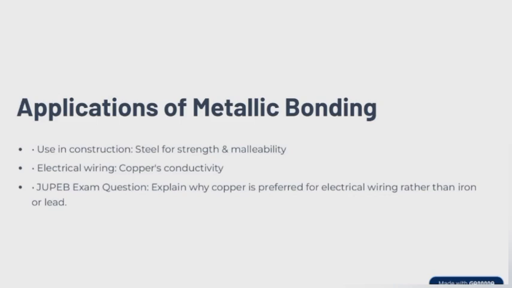If it wants to share electricity across itself, it has more minions, if I would call it that, more than iron. Iron has a reasonable number, but copper has more. So because of its larger sea of electrons, it's preferred over iron and lead in terms of conductivity, in terms of use as electrical wires.